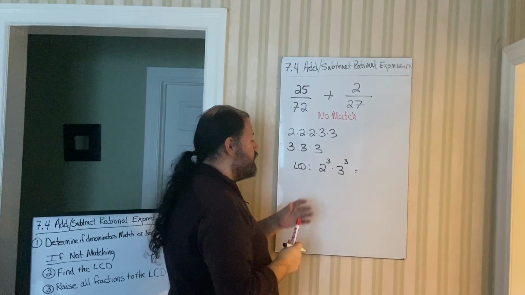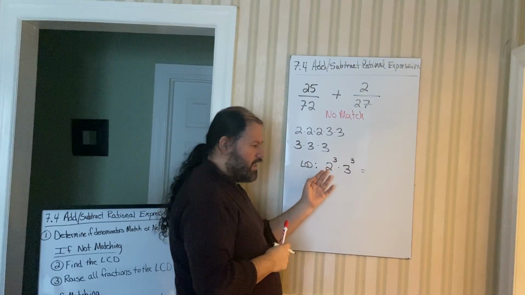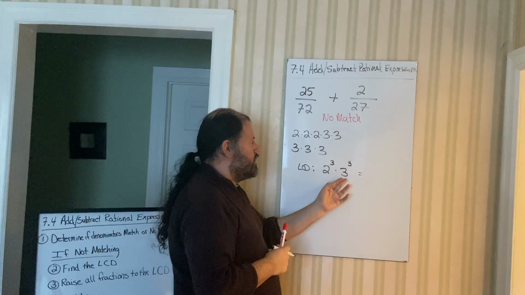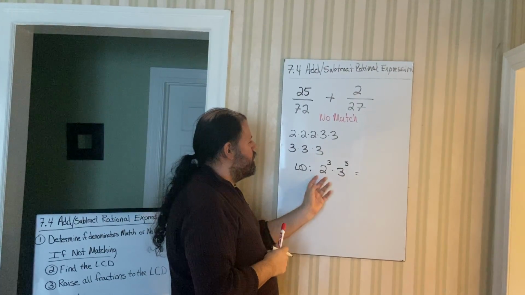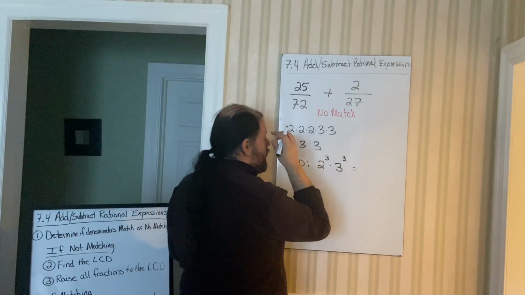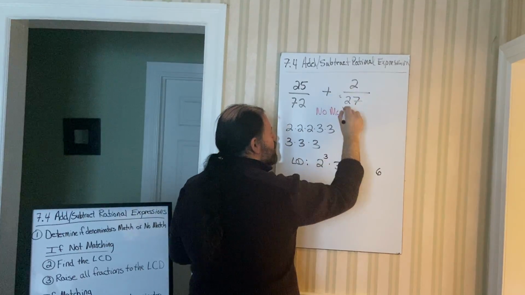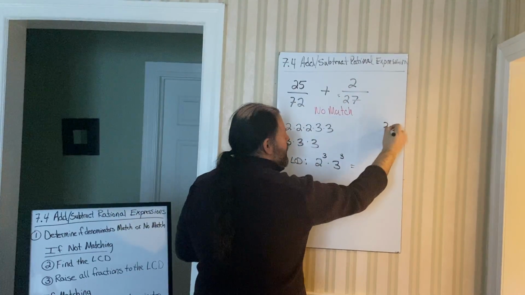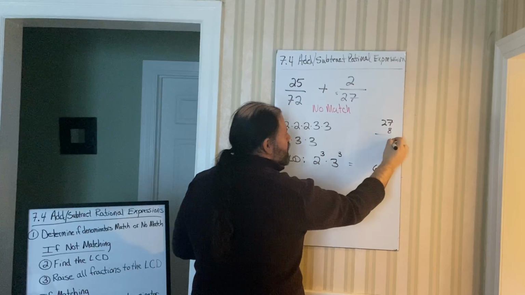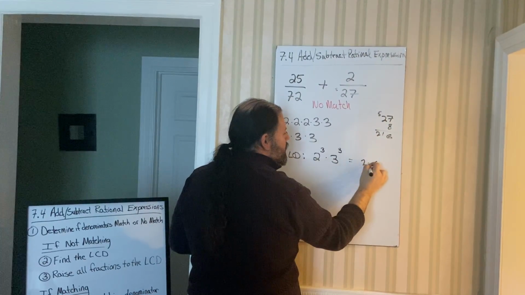All right, so our LCD is going to be 2 times 2 times 2, times 3 times 3 times 3. So we're going to have 8 times 27. I'll probably have to do it on the side, it's a little too much for me: 56, and that's 16, so it looks like 216.